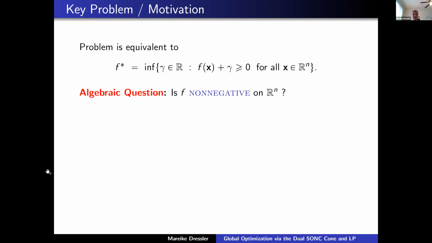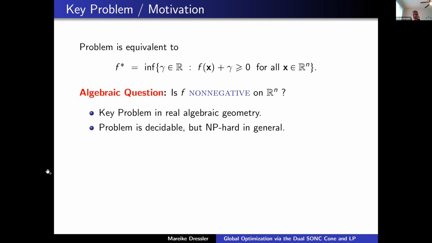And of course, this is a key challenge in real algebraic geometry dating back to the 19th century, to questions from David Hilbert and co. But just switching to the algebraic point of view doesn't help here because, of course, this problem now is decidable, but in general, it's NP hard.